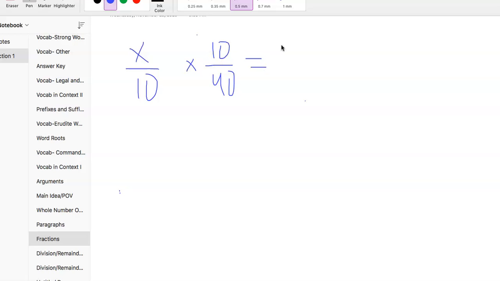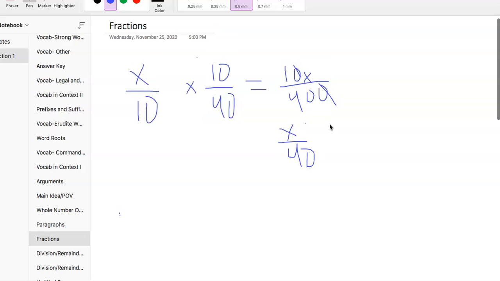So x times 10 is 10x. 40 times 10 is 400. You can cross a 0 out here and a 0 out here, and we get just 1x, or x divided by 40. Okay, so that would be an answer.